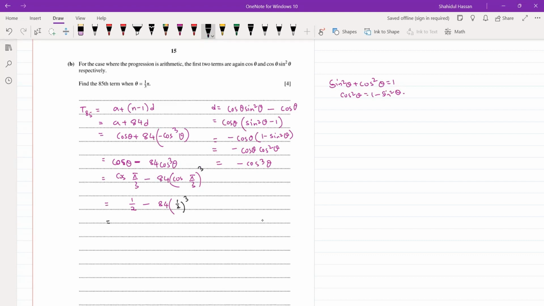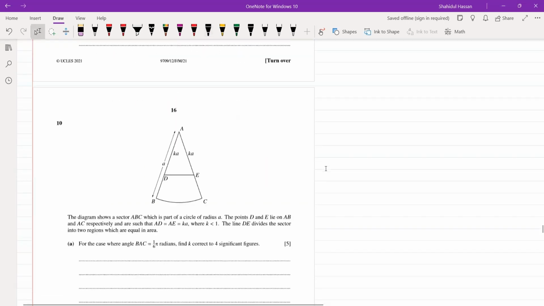So 1 divided by 2 to the power 3 multiplied by 84. So your answer should be here equal to minus 10. Do it. You'll find that the answer here is equal to minus 10.